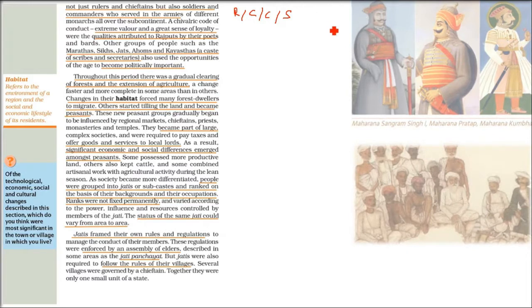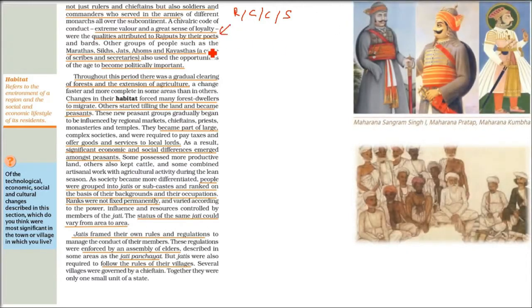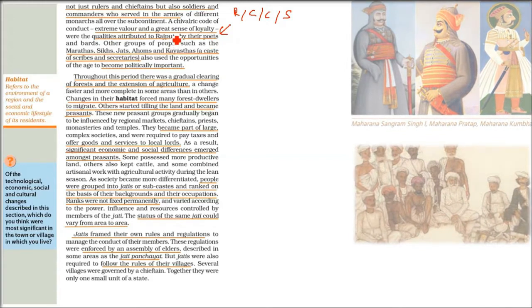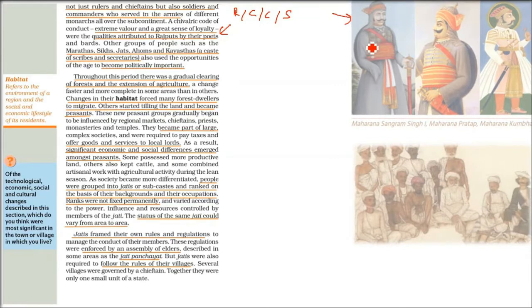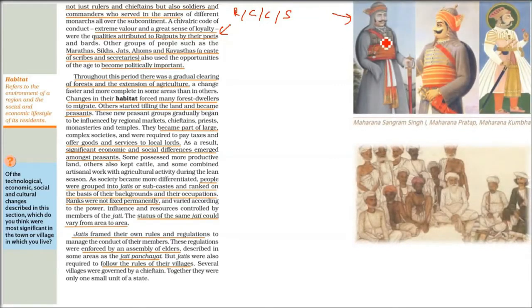And these Kshatriyas were praised by various poets because they used to kill themselves or kill others. They were so powerful at that time, so poets wrote about them.